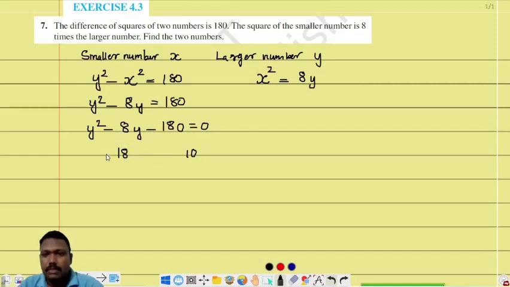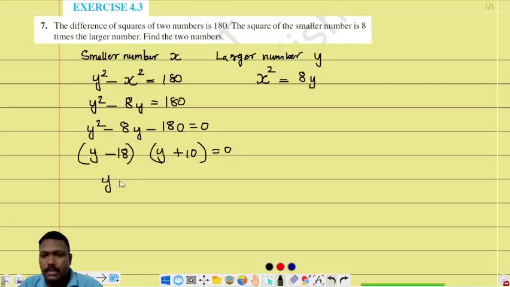Now this will be negative and this will be positive. Now you can check. Negative 18 and positive 10, the product is negative 180, and while adding these two, we get minus 8. Now you can write (y minus 18) into (y plus 10) is equal to 0.